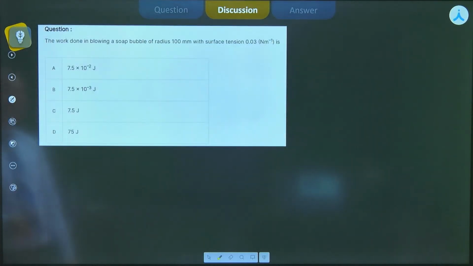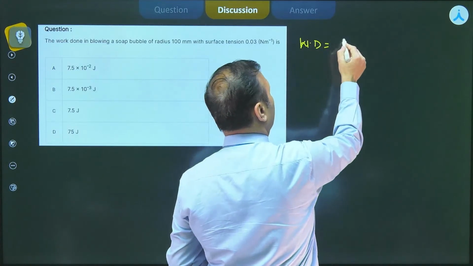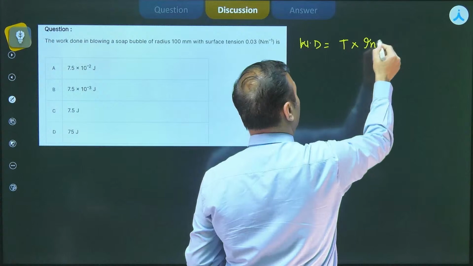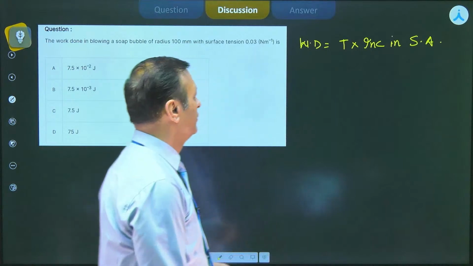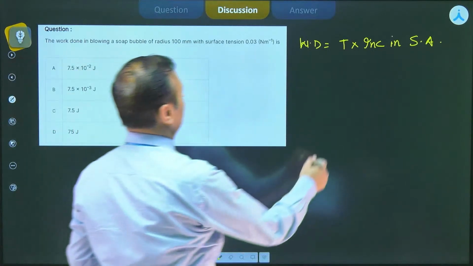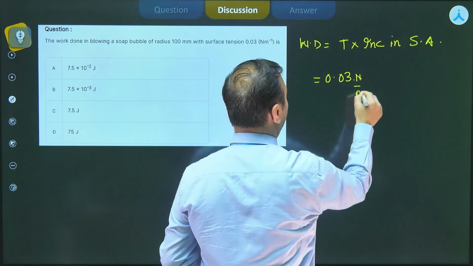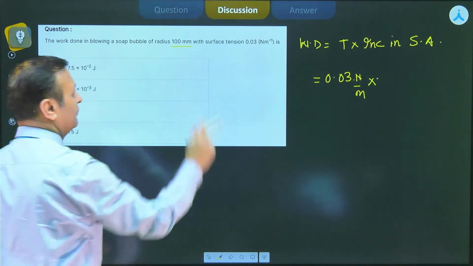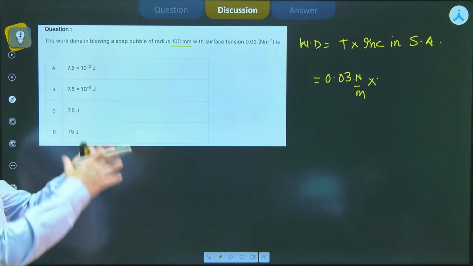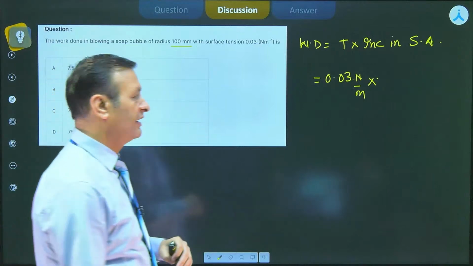Now, based on that, work done in blowing a soap bubble of radius r with the given surface tension. Work done is surface tension into increase in surface area. Surface tension is 0.03 Newton per meter. Initially you have surface area 4 pi r square, and when it is blown off, final surface area is 0.